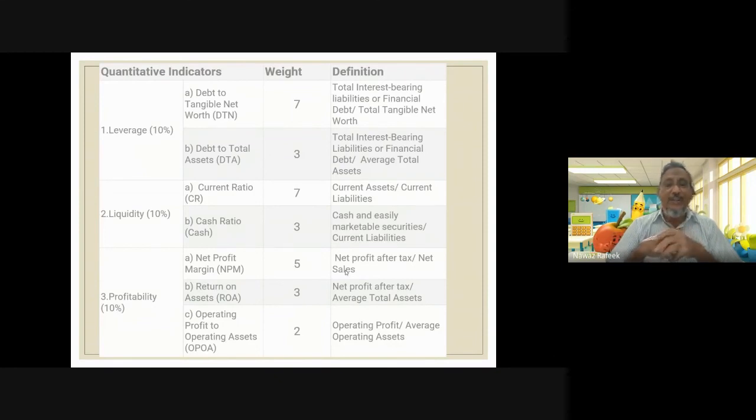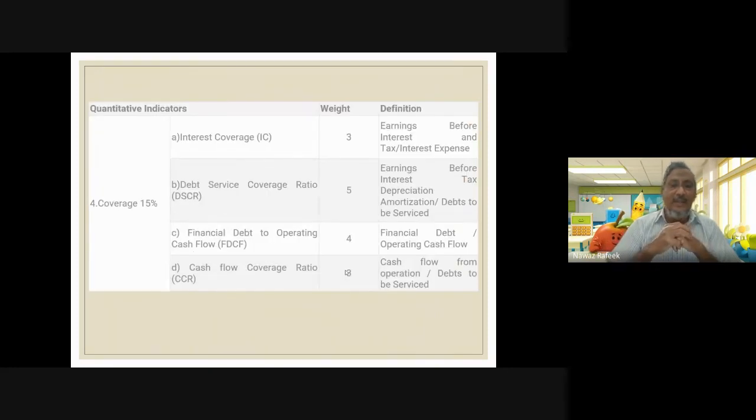Then the profitability ratios: net profit margin, net profit after tax divided by sales, and return on assets (ROA), net profit after tax over total assets, then operating profit over average operating assets, is 10%.